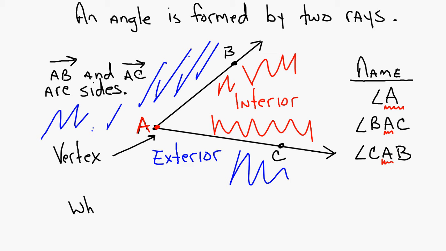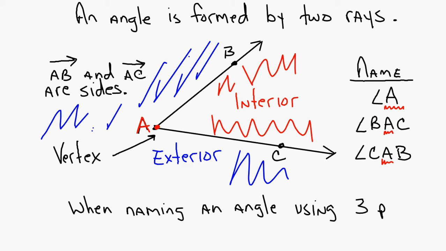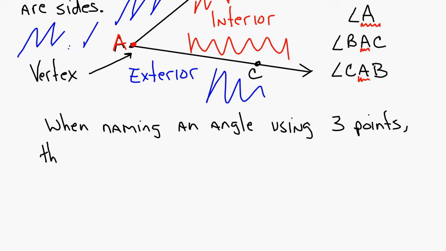When naming an angle using 3 points, the vertex must be the middle letter.